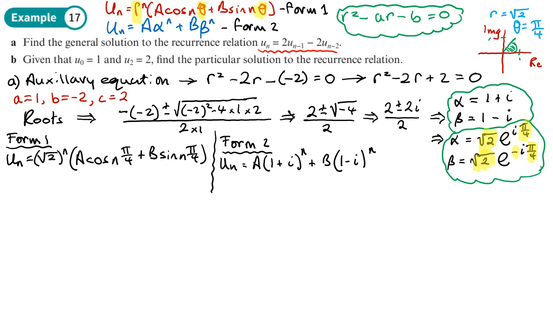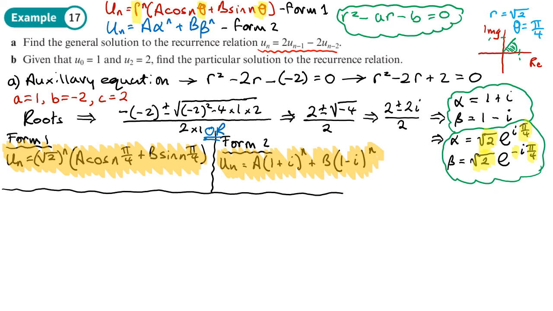So when you write your answer, you would use one or the other. You'd give your answer in this form, or you'd give your answer in this form. Now the question may tell you which form to write it in. If not, you just choose one of those two forms to give your answer in.